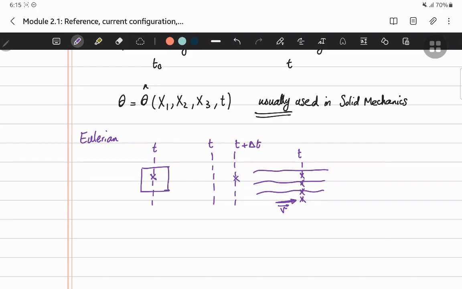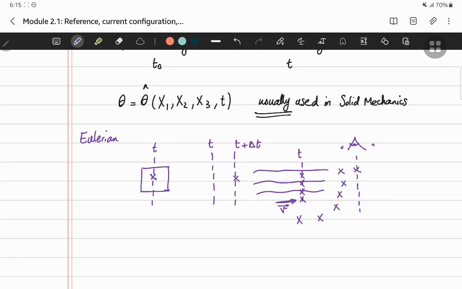So here you do not necessarily trace your particle. So you do not move it. You are sitting here, for example. You do not know what is the value of your particle here, here, here.